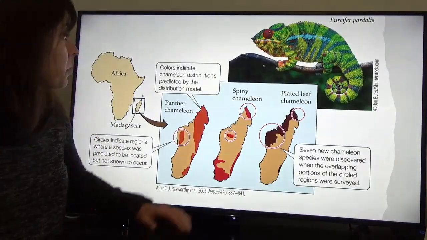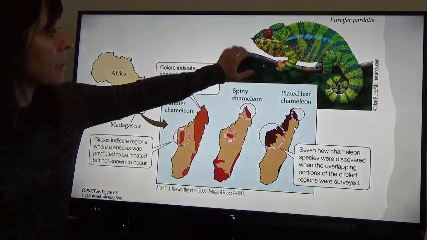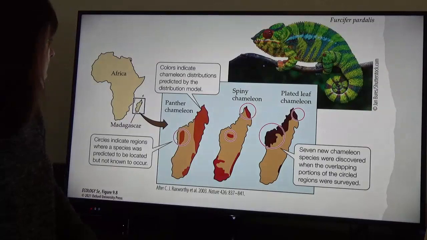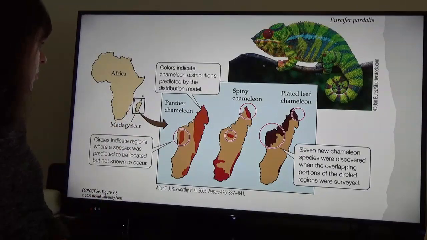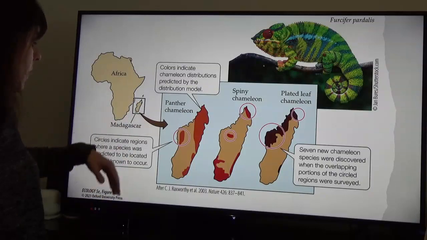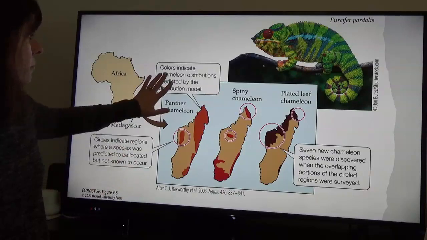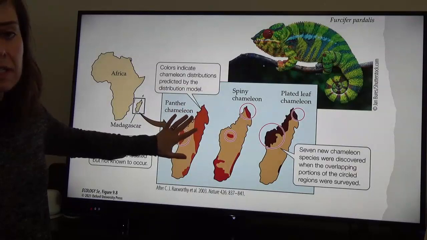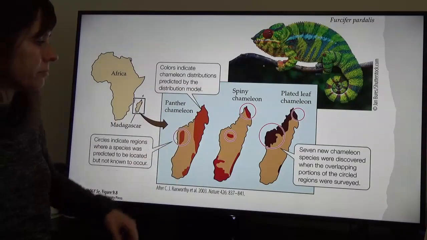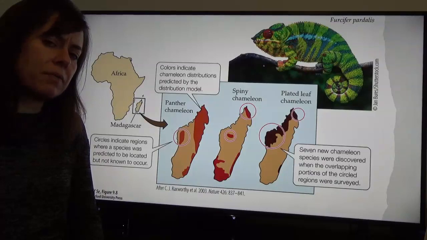So an example of this from your text has to do with chameleons in Madagascar, these lovely lizards. Madagascar is down here off of the southeastern coast of Africa. Researchers were really interested in chameleons, and they modeled about 11 different species.